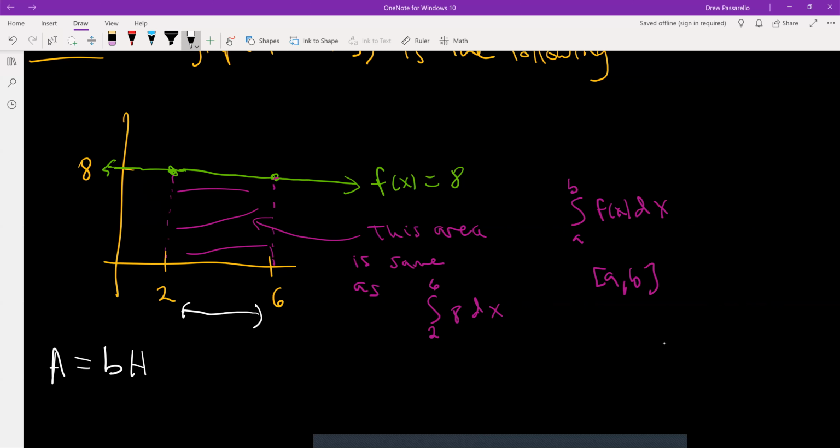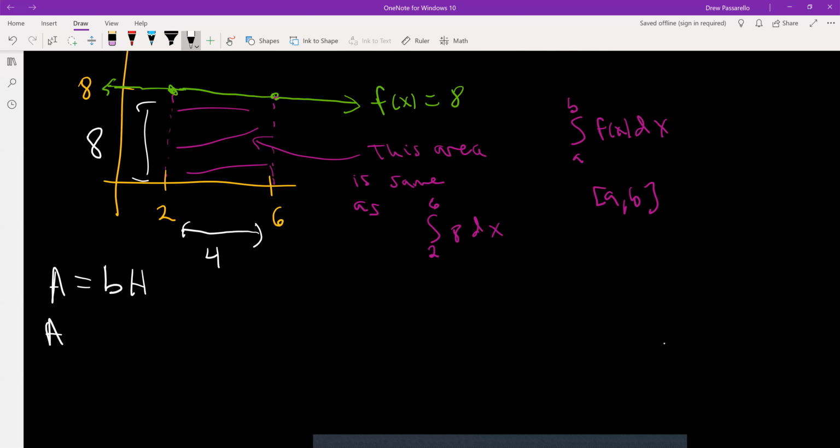The base, 6 minus 2, is 4, and the height is 8. So it's 4 times 8, which is 32. So we should get 32 as our answer when we do this definite integral.